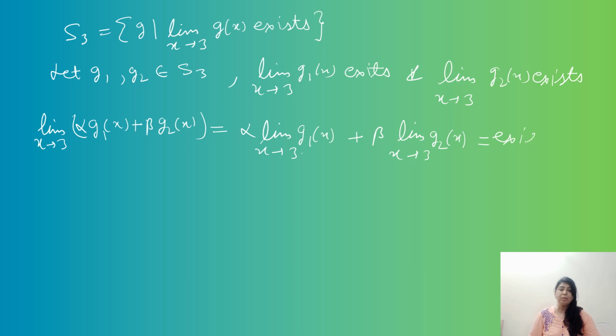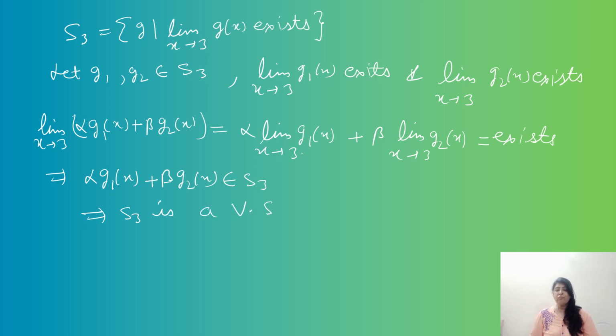So the limit of alpha G1(x) plus beta G2(x) as x approaches 3 exists. This implies alpha G1(x) plus beta G2(x) belongs to S3. This implies S3 is a vector space. So S1 and S3 are vector spaces, but S2 is not a vector space.